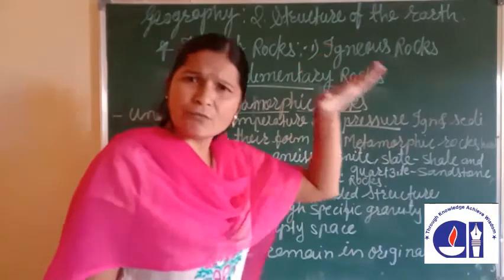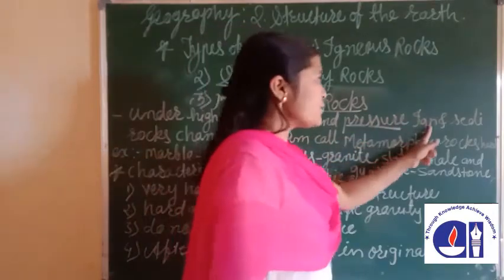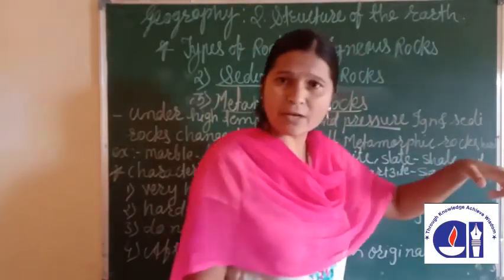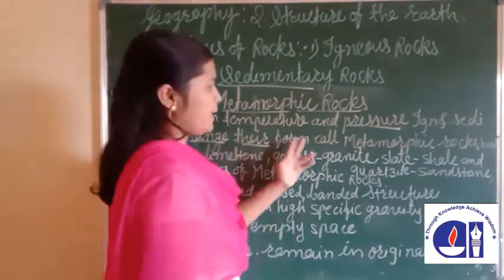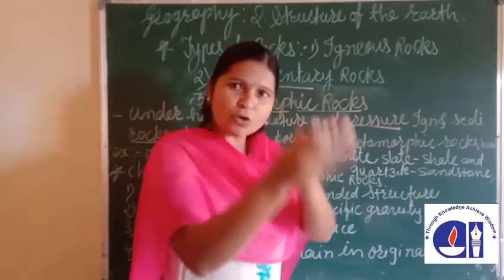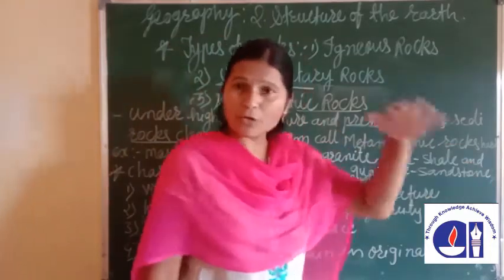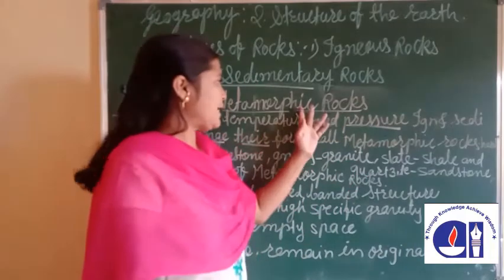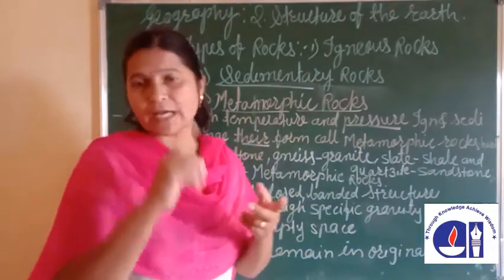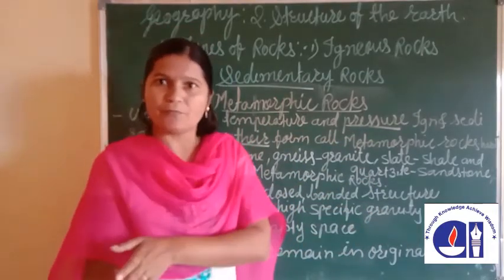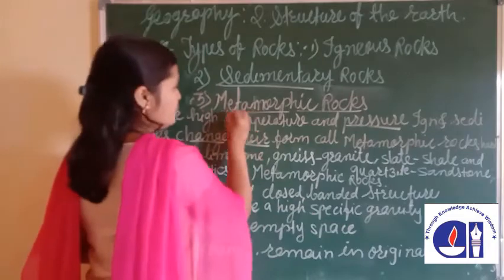If there is very high temperature and very high pressure, igneous rocks as well as sedimentary rocks change their form, and after changing, a new rock is formed, which is known as metamorphic rock. So after high temperature and pressure, these igneous rocks and sedimentary rocks change their form and create a new rock.